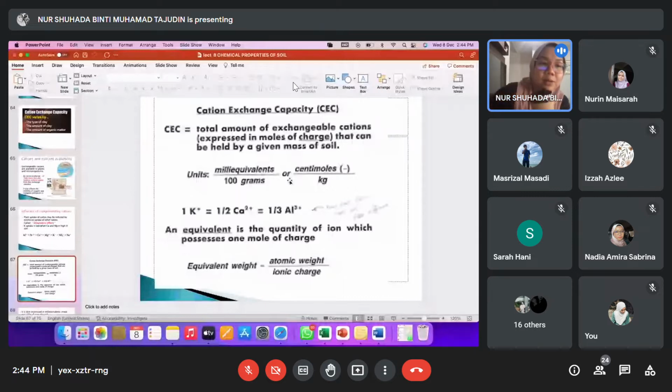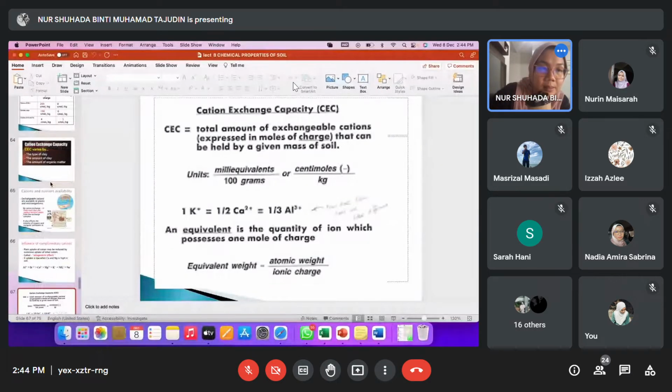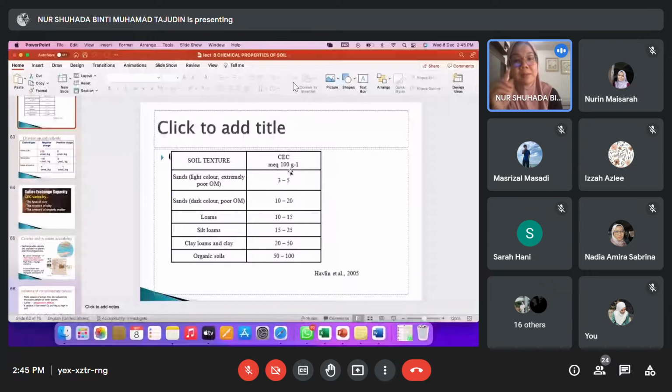Here we use centimole C per kg, and here we use MEQ per 100 grams. Meaning that 1 MEQ per 100 grams is equal to 1 centimole C per kg. So if you want to convert, you can directly convert.